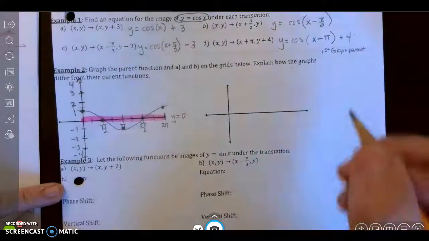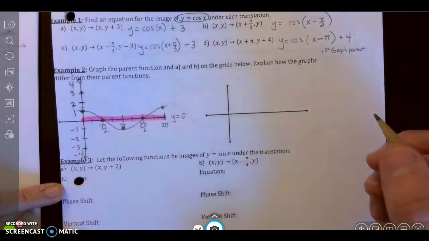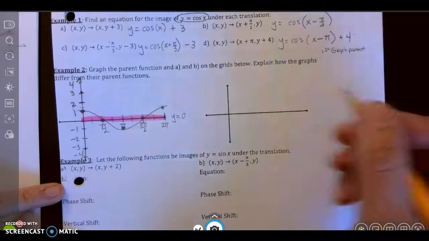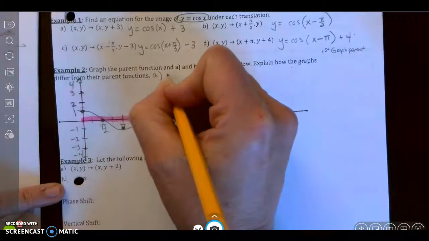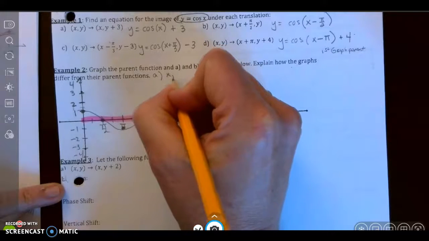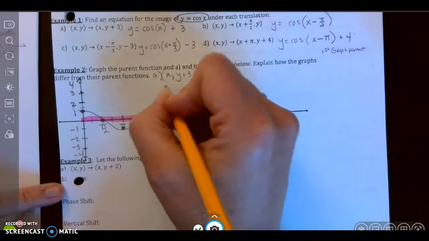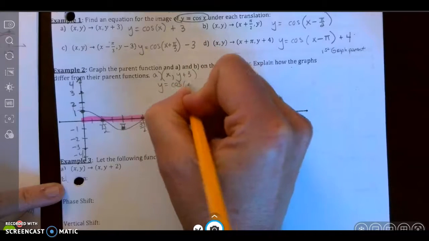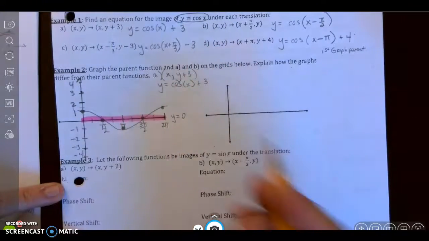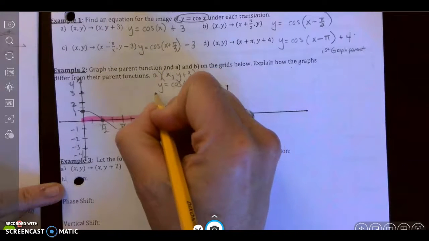So what we're going to do is move the axis according to the scale change. So let's look at this for letter A. We don't move it left or right, but move everything up 3. And the equation is y equals cosine of x plus 3.